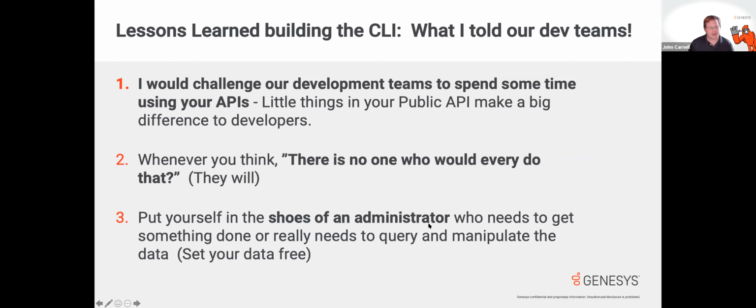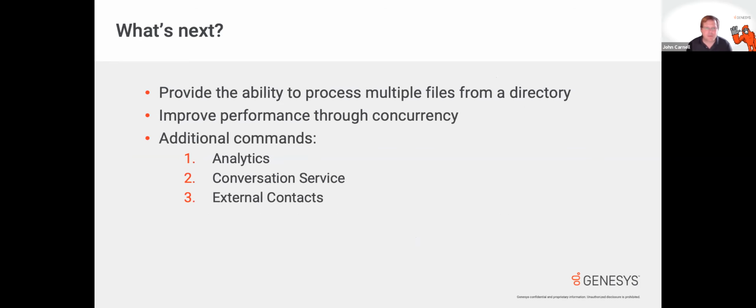So I think there is a definite focus on making the CLI and the public APIs even more consumable than they are now. My favorite line was from Andrew Johnson, who said, just set my data free. I just want to be able to do whatever I want with it and not have you do my thinking for me.